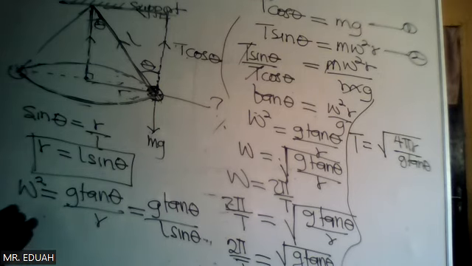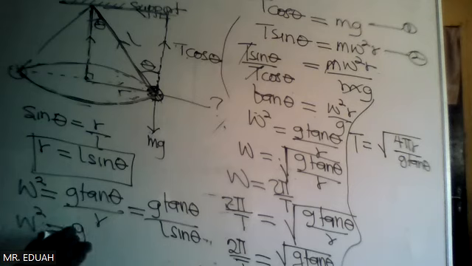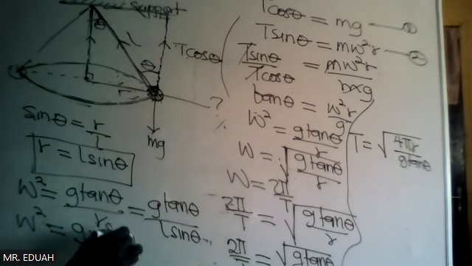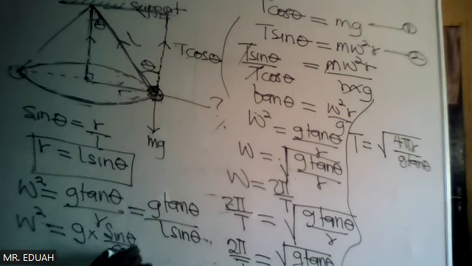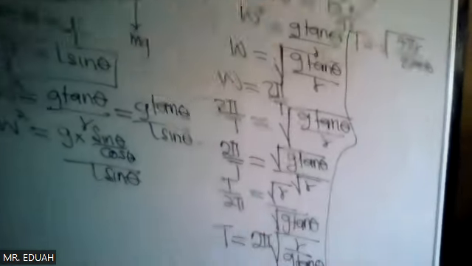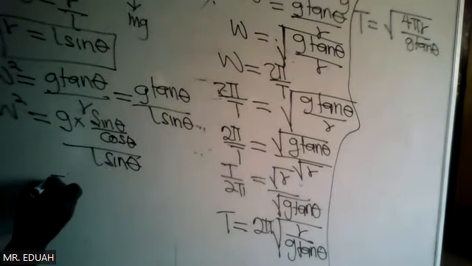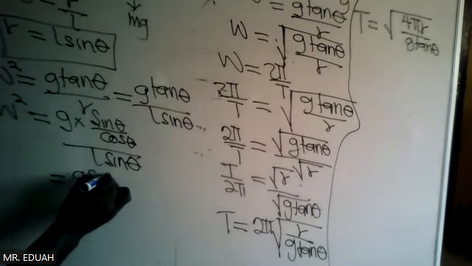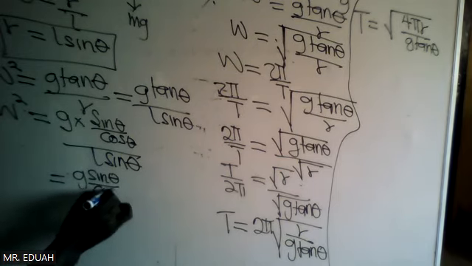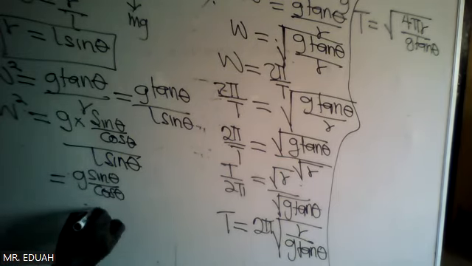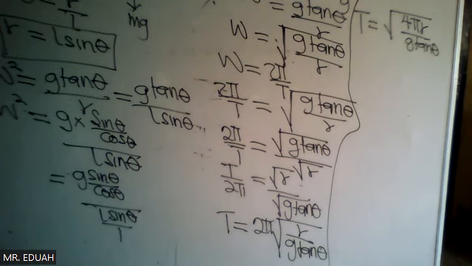Now, omega squared is equal to g times sine theta over cos theta, all divided by L sine theta. Okay, so when we simplify whatever we have here, we have g sine theta over cos theta, all divided by L sine theta over 1.